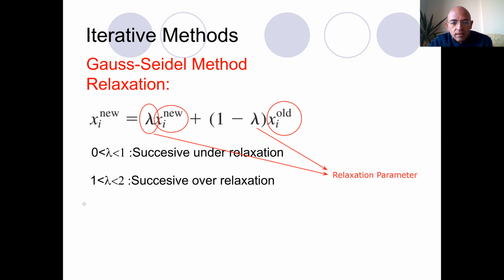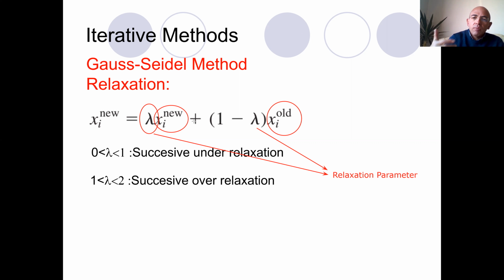So choosing a lambda greater than 1 means that you multiply that delta, the relative change, with lambda, and it tells you to get a larger delta and sum it with the value that comes from the previous iteration.